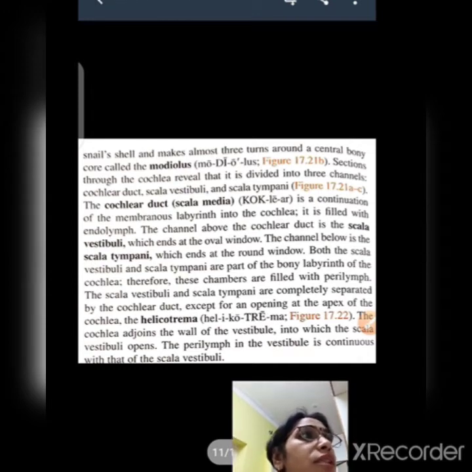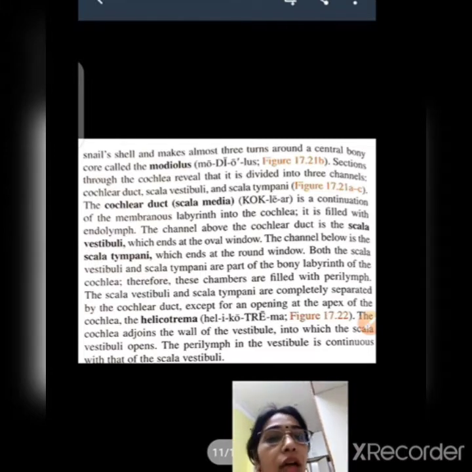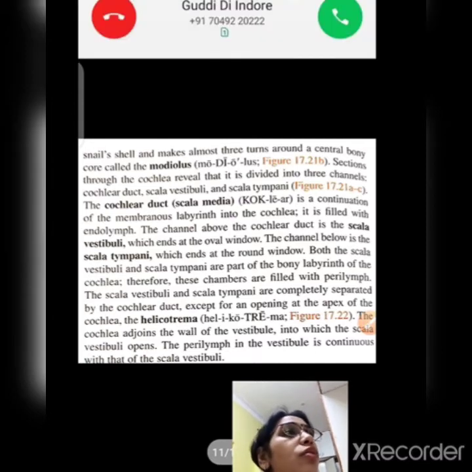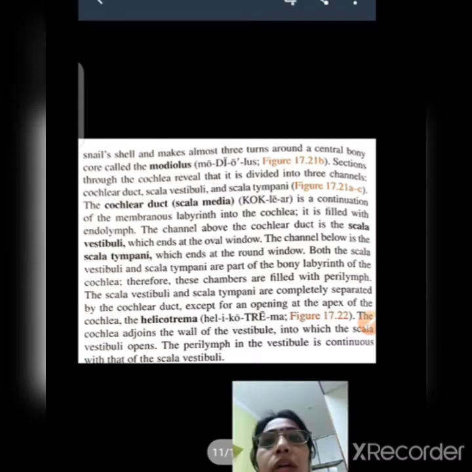It consists of 3 canals. It's like the shape of a snail, with circular rings. It is also present in the semicircular canal.